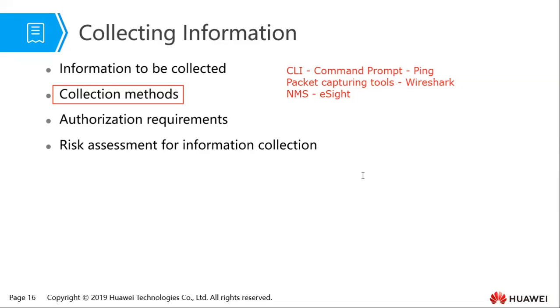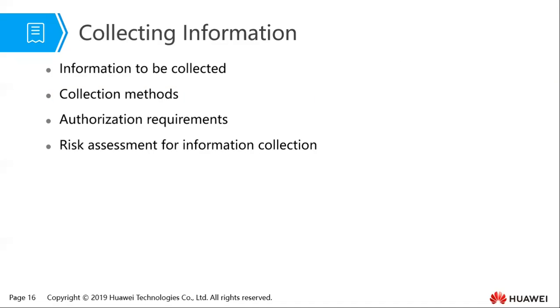Such commands might result in high CPU usage, and when that happens, it might slow down other network services. So you need to assess the risks of information collection, and balance this risk against the risk of creating a new fault.